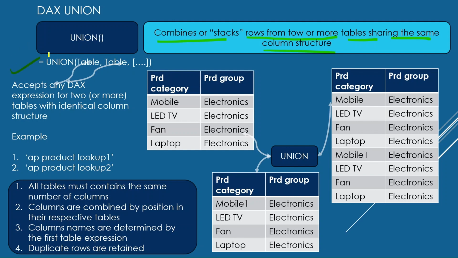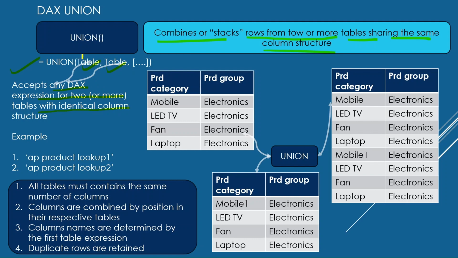So this is the signature of union. We need to provide at least two tables, and we can give multiple tables as well. These can be either a physical table or any DAX expression which returns a table.